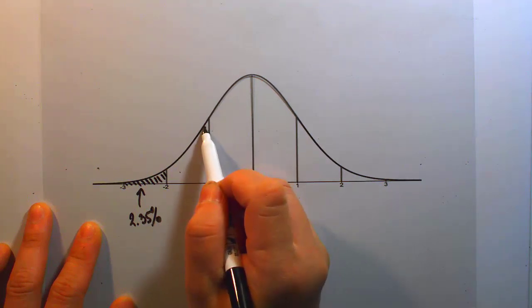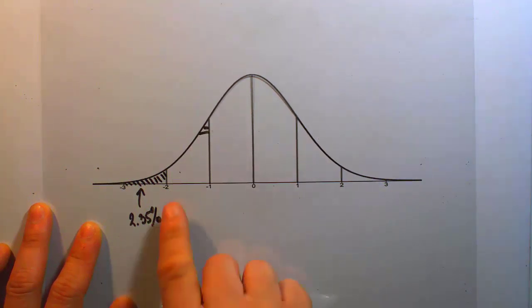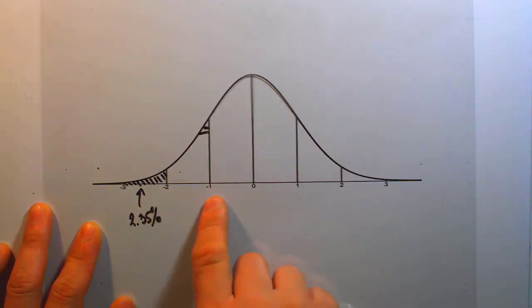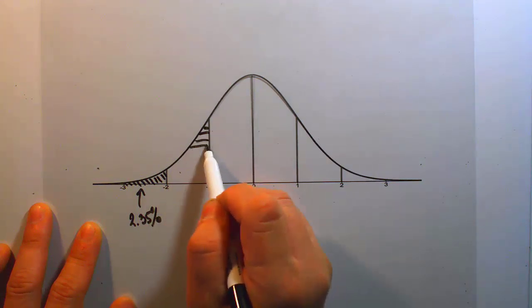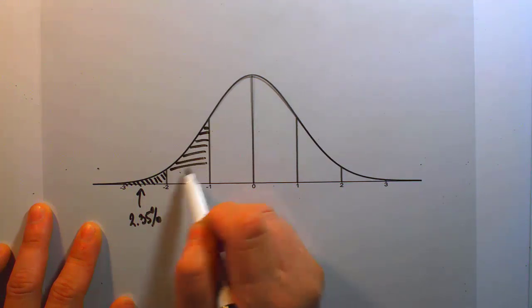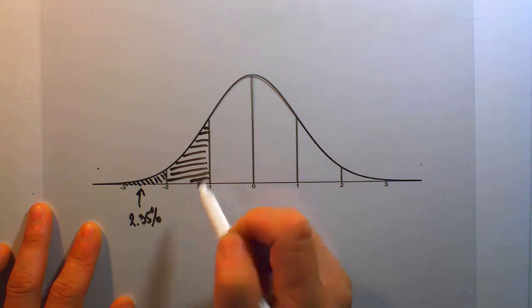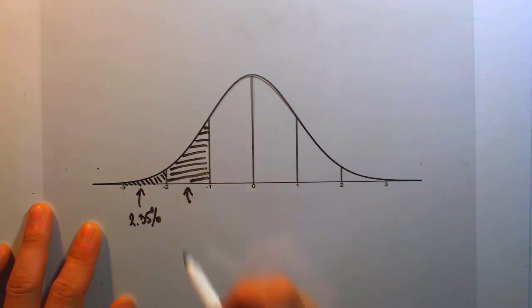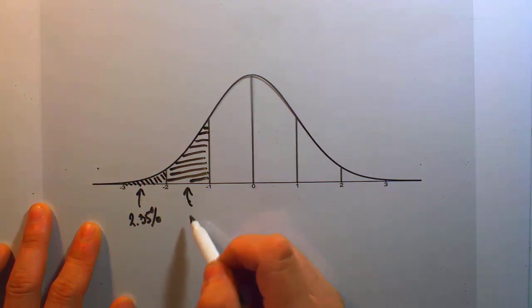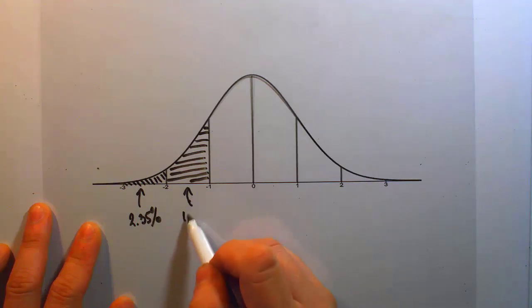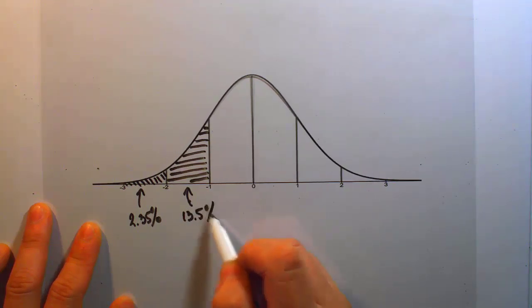And we found further that this other interval, from 2 standard deviations below mean to 1 standard deviation below mean, another separate little piece of area, is 13.5.